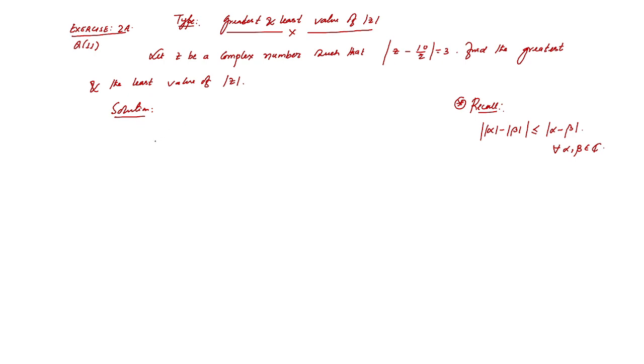Now I always ask the question like this: what is exactly given in your question paper and what do you have to do? The given part is Z belongs to C, a complex number, such that the modulus of Z minus 10 by Z is equal to 3.